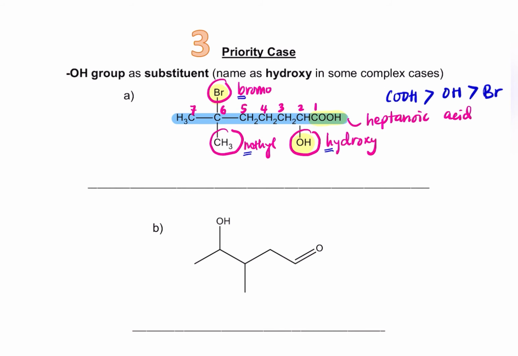So the name will be 6-bromo. And then my second one, hydroxy, is at position carbon number 2. So -2-hydroxy. And the next substituent, I got methyl at position carbon number 6, 6-methyl. And I got my parent, make it close, heptanoic acid.